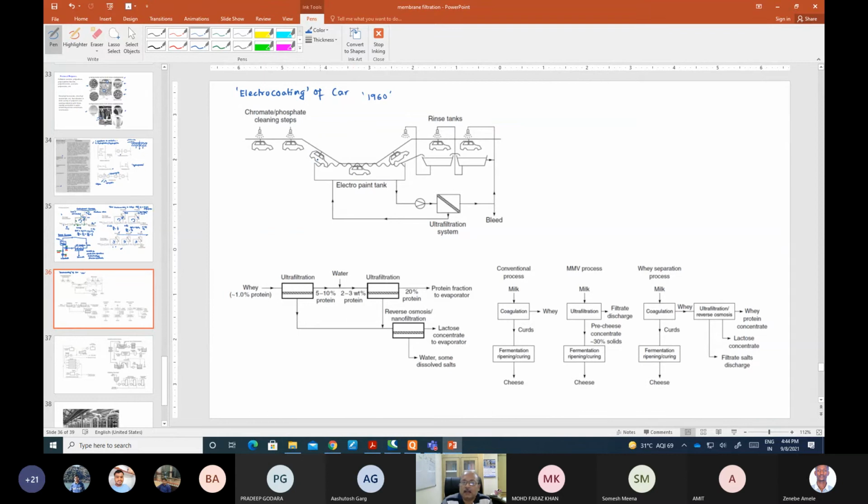What happened is that in this electrocoating, the paints are electrodeposited. Now, how are they electrodeposited? See, the metal piece that needs to be coated is connected with an electrode of opposite charge to the paint particles. So the paint particles are, let's say, negatively charged, and the cars are positively charged. Now what happens if you dip the car body into this paint tank?